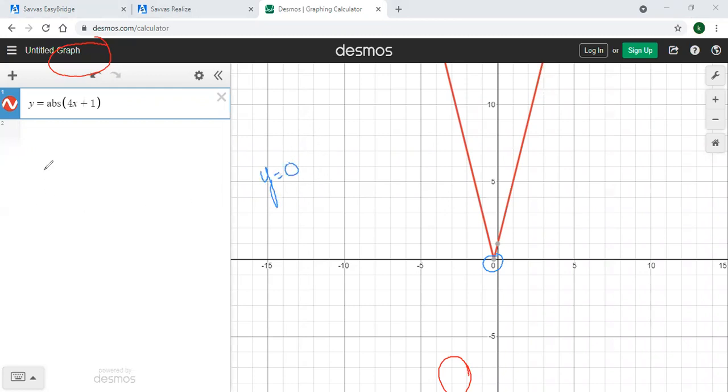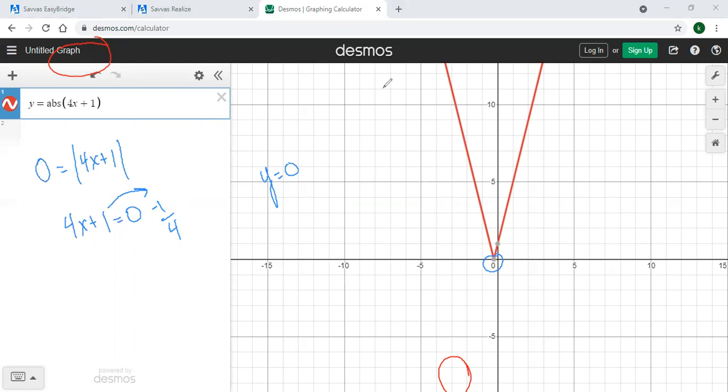Because it's on the x-axis. So when does the absolute value of 4x plus 1 equal 0? The only time that happens is if the 4x plus 1 itself is 0. So subtract the 1 and divide by the 4. And we know the left side and the right side are separated by the negative 1/4.